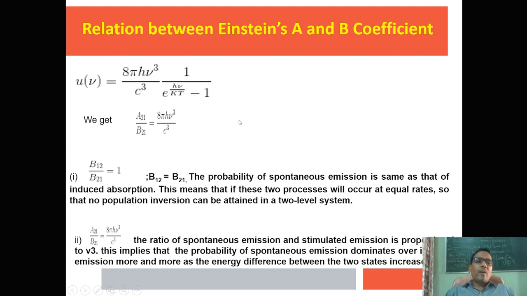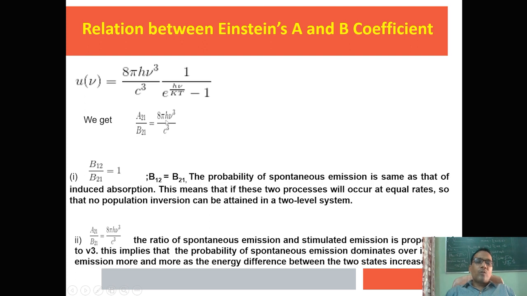So when we compare this with the previous equation, we will have A21 by B21 equivalent to 8 pi h nu cube by c cube. This is one relation between these two coefficients, A21 by B21. A21 corresponds to spontaneous emission, and B21 corresponds to stimulated transition.